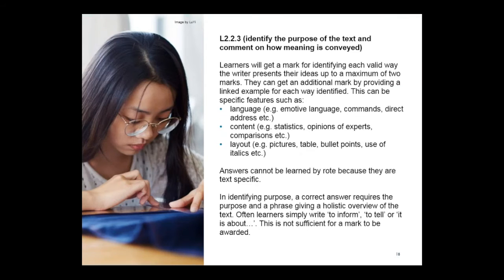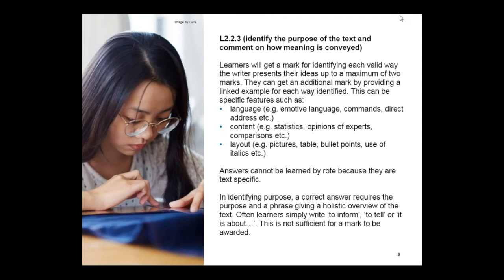They can then get an additional mark by providing a linked example for each way identified. This can be specific features such as language, content, and/or layout. Answers cannot be learned by rote for these questions because they are text specific.